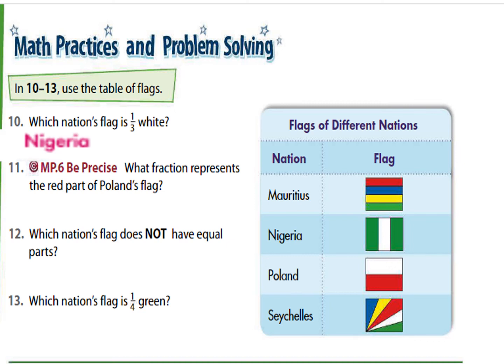We have got one red part over 2 parts. Now question number 12. Which nation's flag doesn't have equal parts? With your eyes, look at the flag and check. Which one doesn't have equal parts? Amazing! The Seychelles.